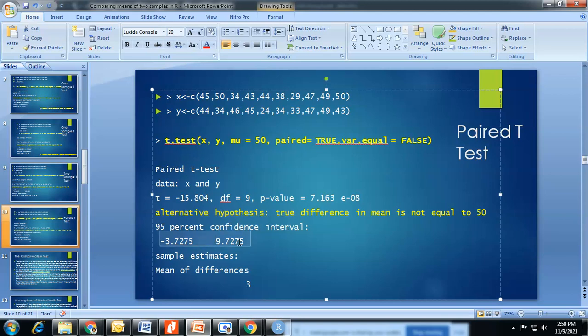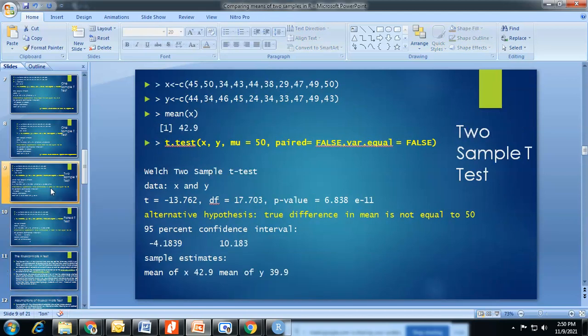If you calculate the difference, it is 3, and here we are stating that it is not equal to 50. So the alternate hypothesis is true, the true difference in mean is not equal to 50, it is only 3. That is how we interpret the test results.